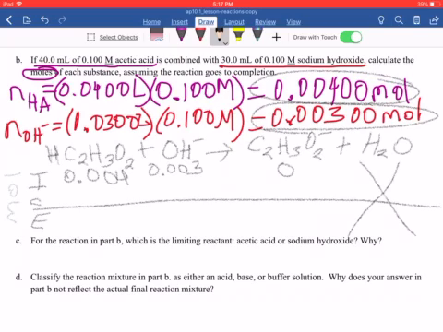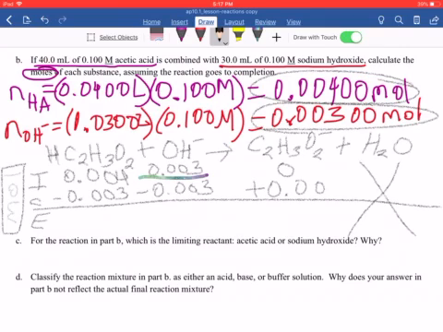All right, in order to find the change, if we're dealing with moles instead of molarity, you just subtract the smallest one. So between 0.004 and 0.003, 0.003 is smaller than 0.004, so you're going to subtract that one. So that's going to be our change overall. So minus 0.003, minus 0.003. And then on the other side, we're adding because it's a product, we're creating it, so we add 0.003.